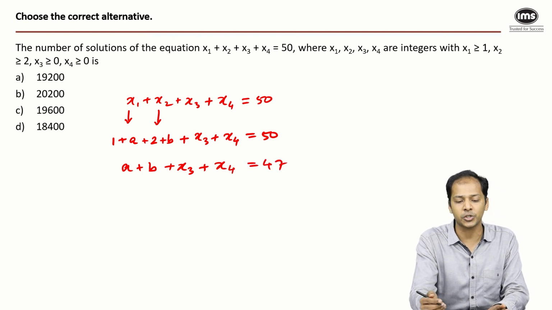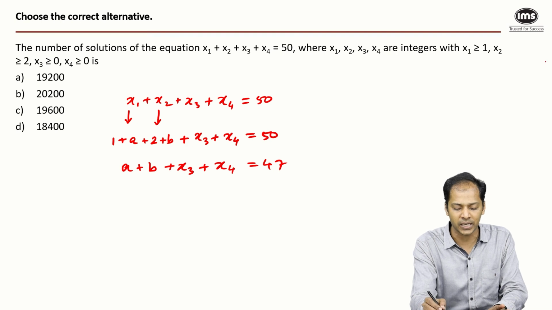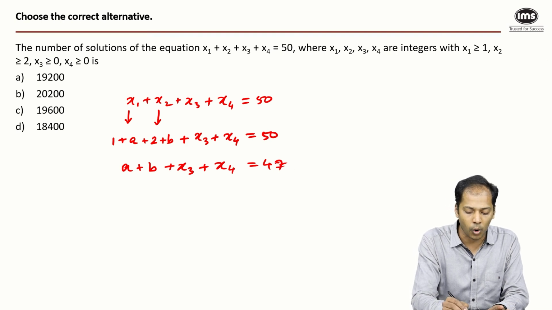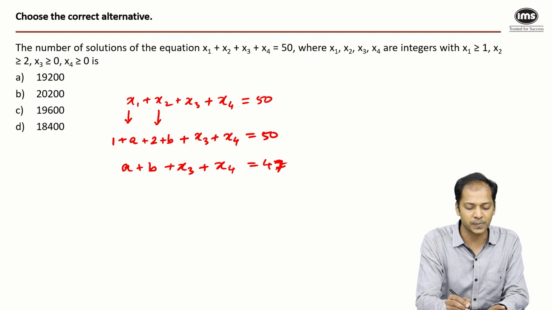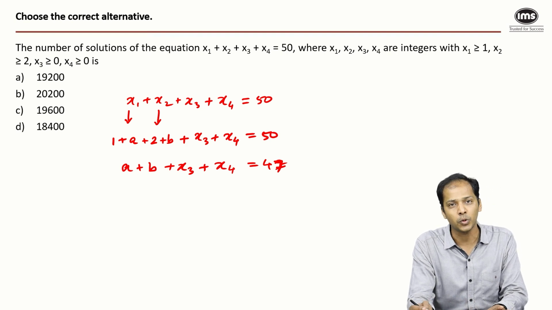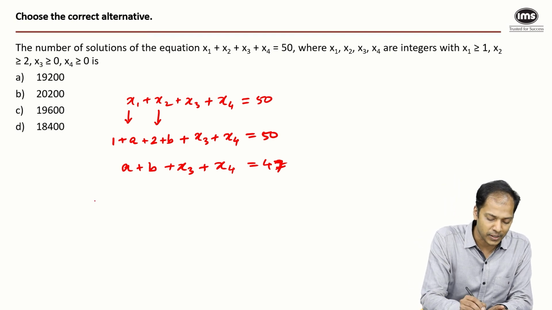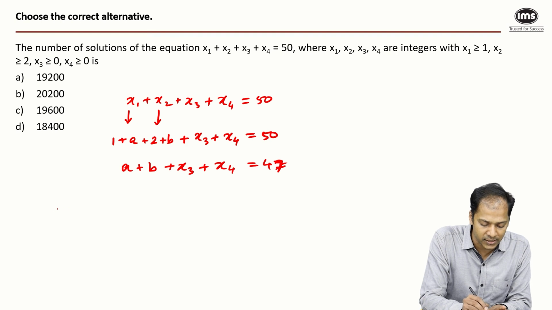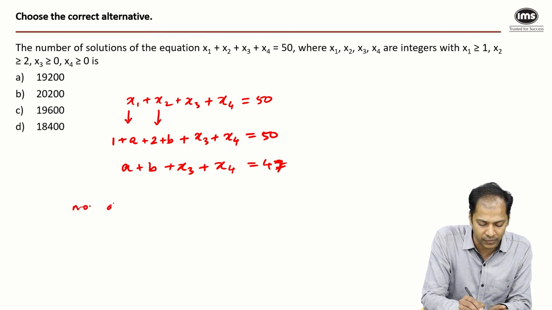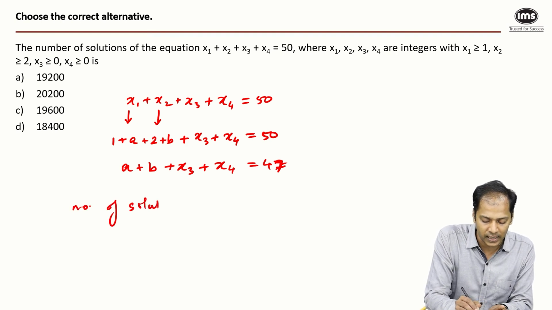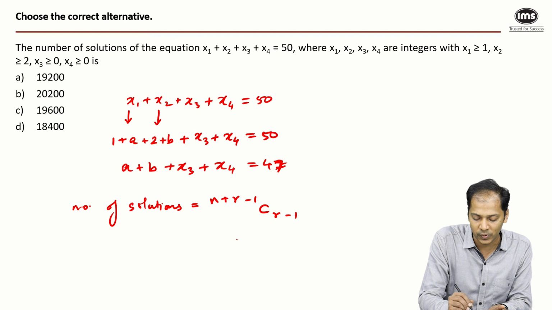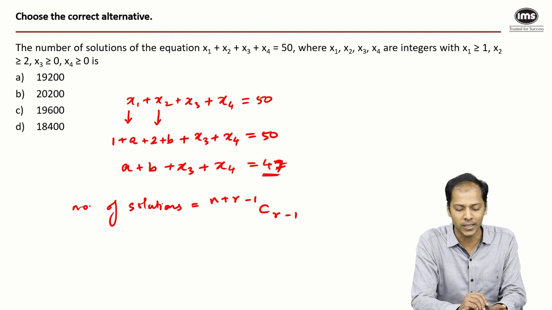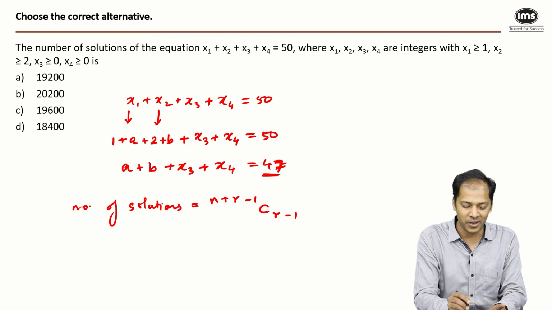The required solutions of the original equation with the given conditions would be the number of non-negative integral solutions of this equation, a plus b plus x3 plus x4 equal to 47. The number of solutions is n plus r minus 1 C r minus 1, where n is the total and r is the number of variables.